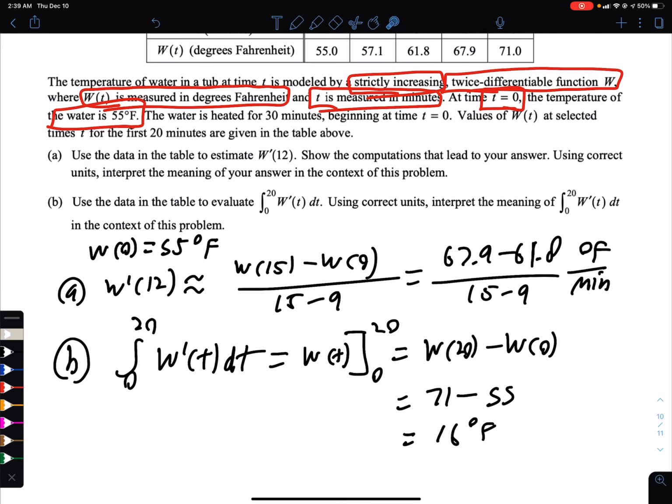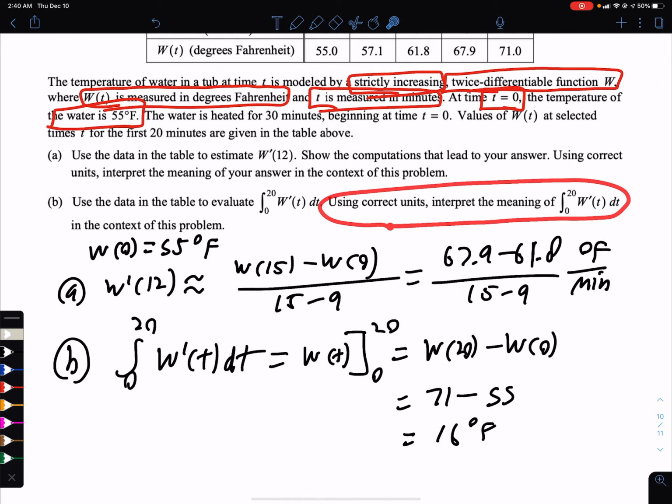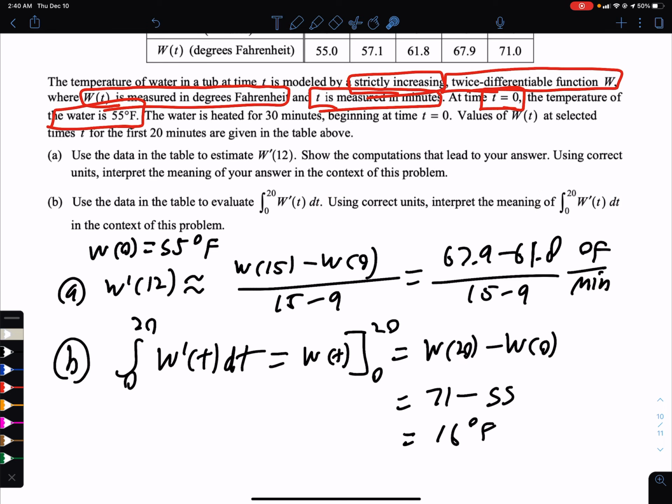So check this out. This is huge. You integrate W prime, and it gives you the change in W, the change in temperature. So using correct units, interpret the meaning of this integral. This integral gives you the change in temperature. Fundamental theorem.